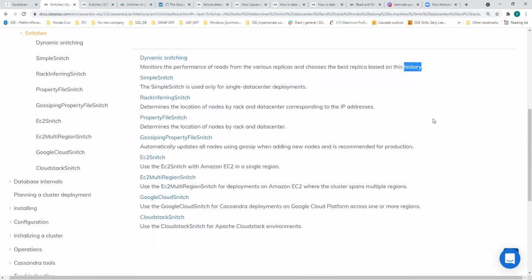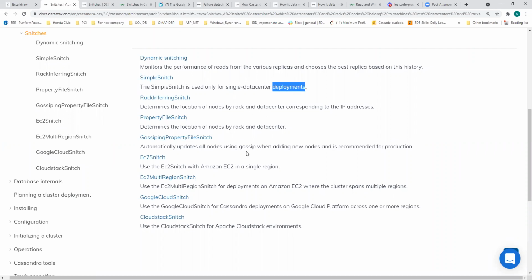Now, there are so many ways the snitch can be, and the simple snitch is mostly for development. That is what I read in some places, because it doesn't take into consideration data centers and all those things.